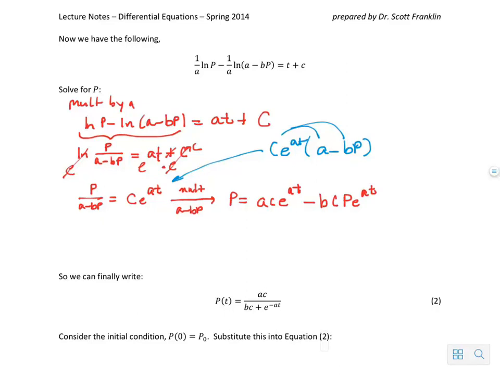And again, because I'm trying to get p by itself, that's why I multiplied this out. I'm going to take this guy right here and move him back over to the other side, and factor out the p, which they both have in common, and then divide that thing off.